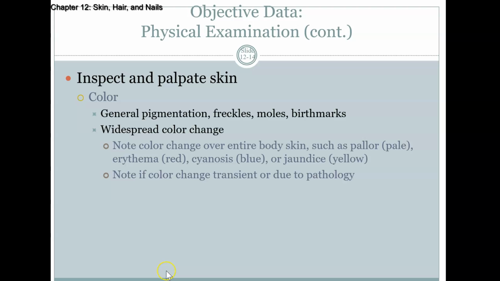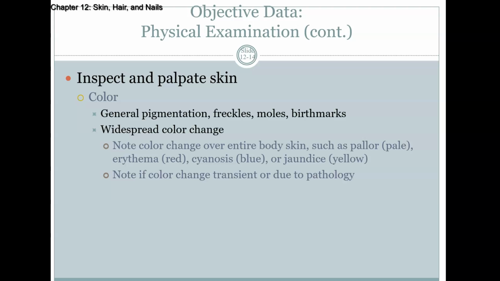I did want to talk to you a little bit about color change in the skin, such as paleness, and erythema, which is redness. Paleness could mean lack of oxygen, or it could just be that the person is pale in color.